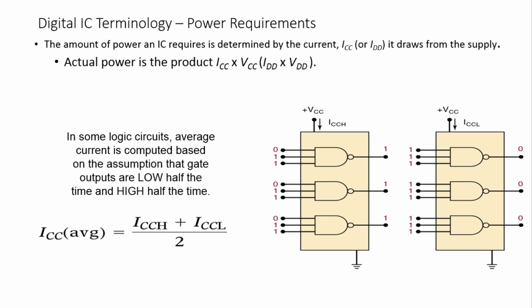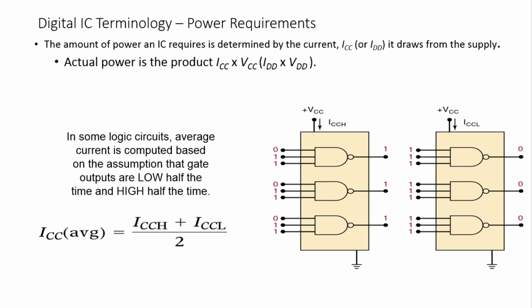In the diagram shown here, the plus VCC supply is given on the top, and the same circuit is grounded below. Here it consists of NAND gates. In each combination there are 3 NAND gates, and we are applying the inputs to the NAND gates and getting the outputs. The current ICCH is flowing from VCC inside the circuit.